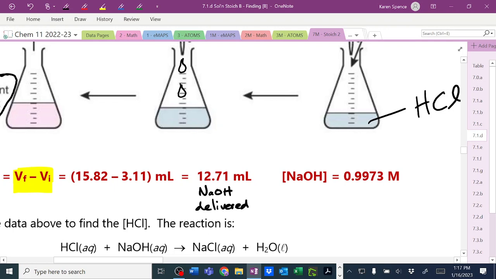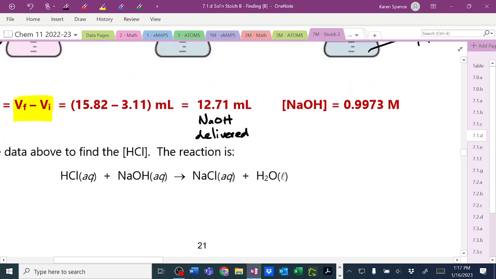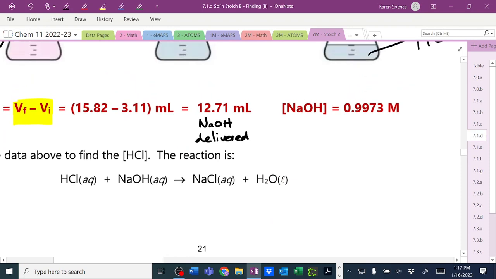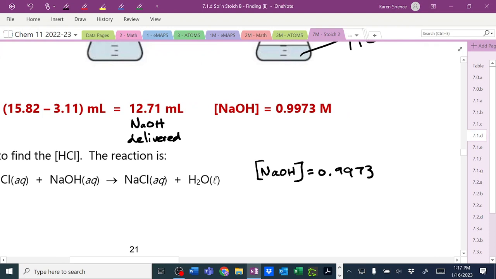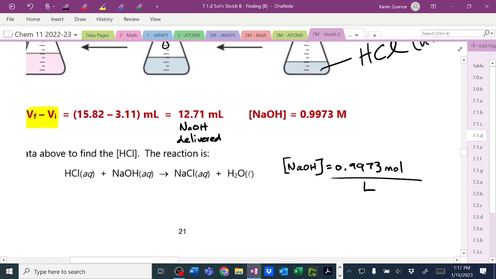I'm going to take all of this data and summarize it. Down here we have concentration of NaOH equals 0.9973. I don't want to write it as molar. What do I want to write it as? Moles per liter. Do I know anything else about the NaOH?